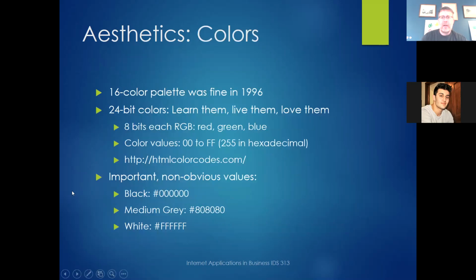Okay, next one. Colors. This is something that will actually be highly relevant for our JavaScript. So if you've been paying attention for this long, this is a little nugget of something that we will be extensively using. So a 16 color palette was fine in 1996. If you've ever used the older version of Excel, you'll know that there's a very limited set of colors you have.